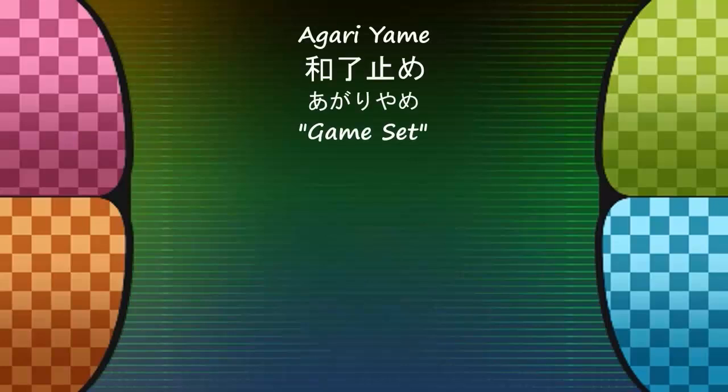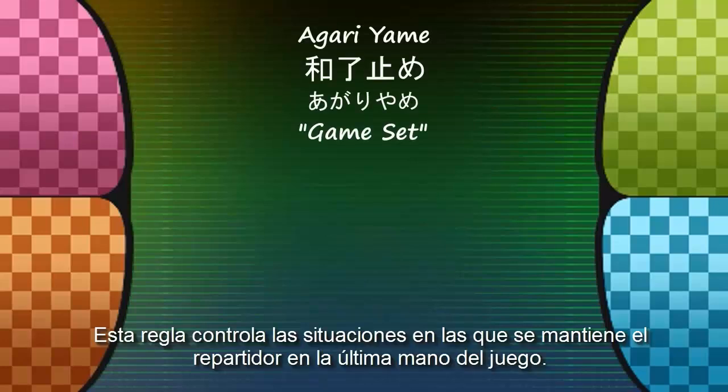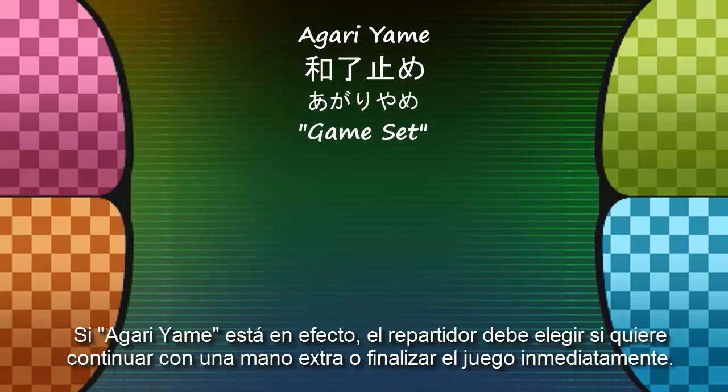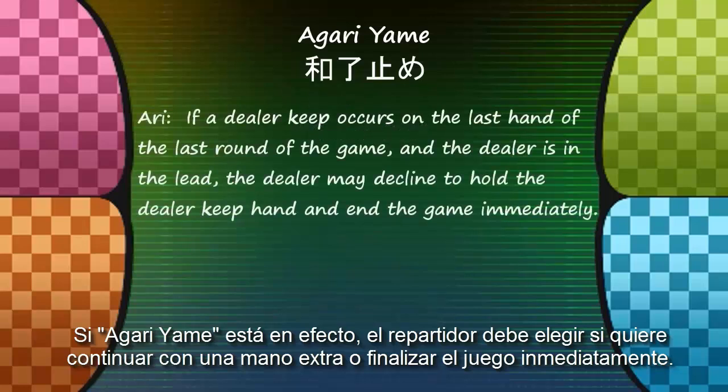Agari Yame. This is a rule involving dealer keeps that occur on the final hand of a game. The idea is that if the current dealer is in the lead when such a dealer keep occurs, there is no logical reason why they would want to play an extra hand and risk losing their lead. So, if Agari Yame is in effect, the dealer may choose to declare that the game is set, and end the game without having another dealer keep hand.